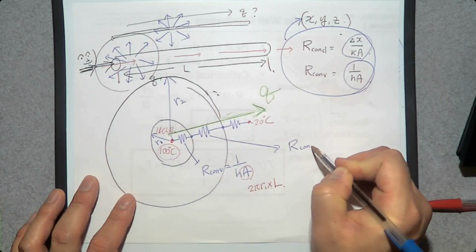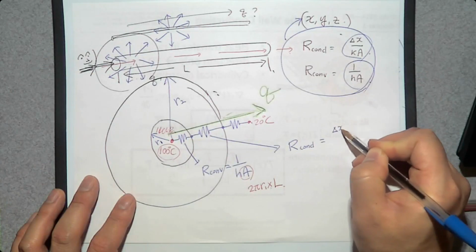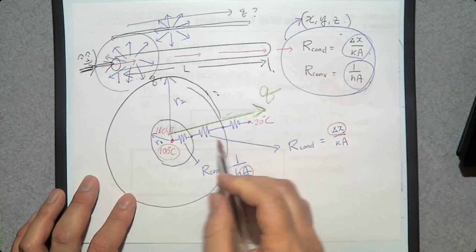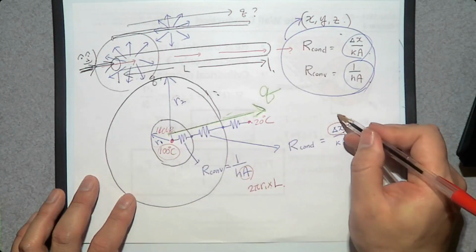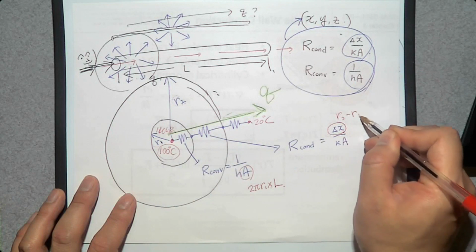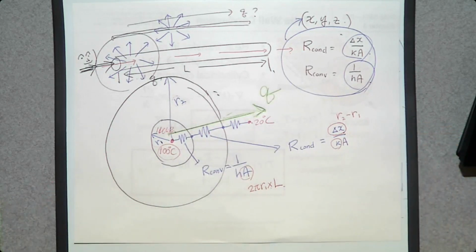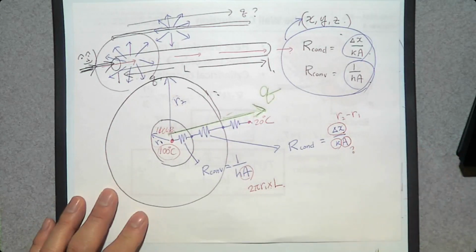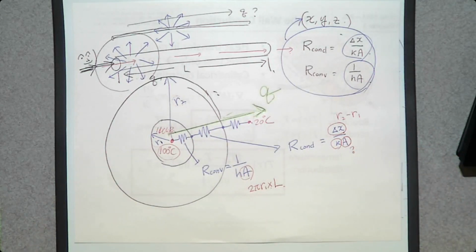R by conduction is going to be delta X over kA. Then what is this delta X? R2 minus R1. Yeah, we can do that. And k is going to be the material property of this material. What about this area? For this resistance, should we use the inner surface area, like 2 pi R1 times L, or should we use the outer surface area?